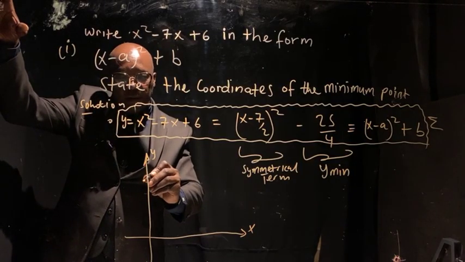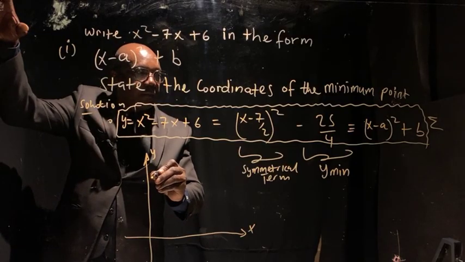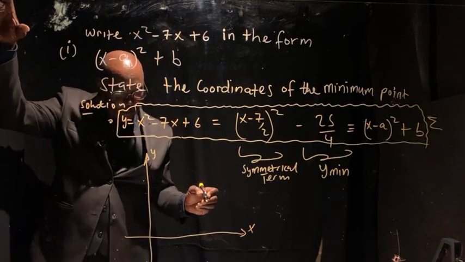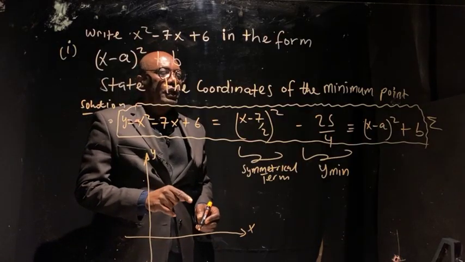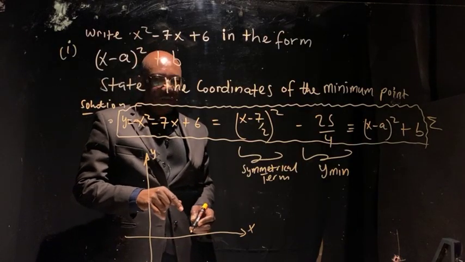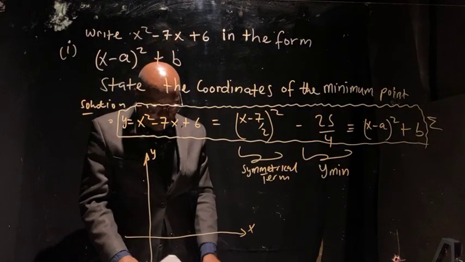So we have the values of the intercepts to be x equals 1 and x equals 6. Let me check it.